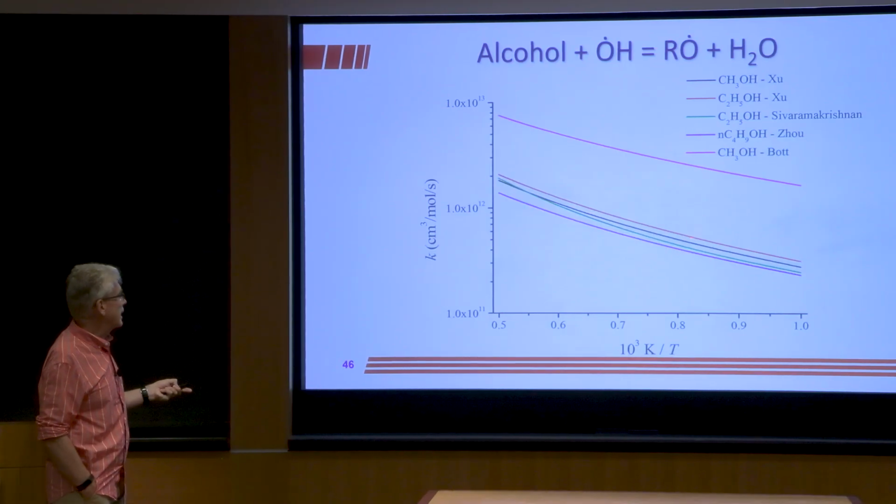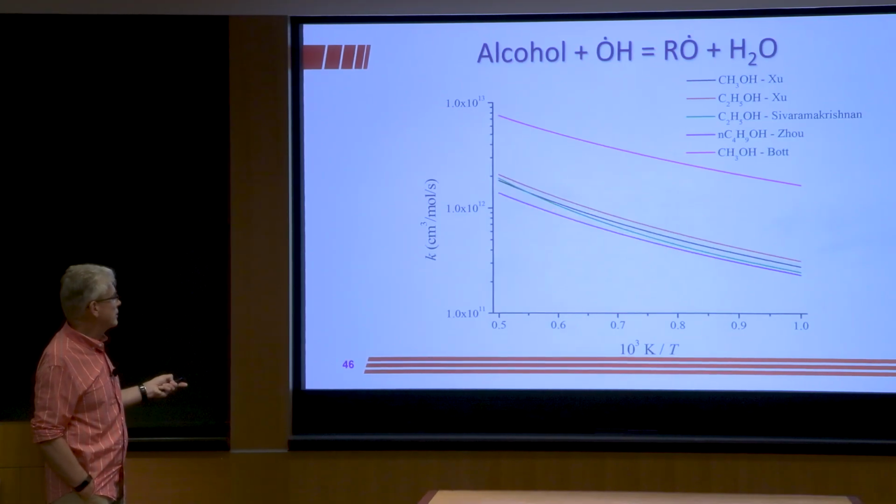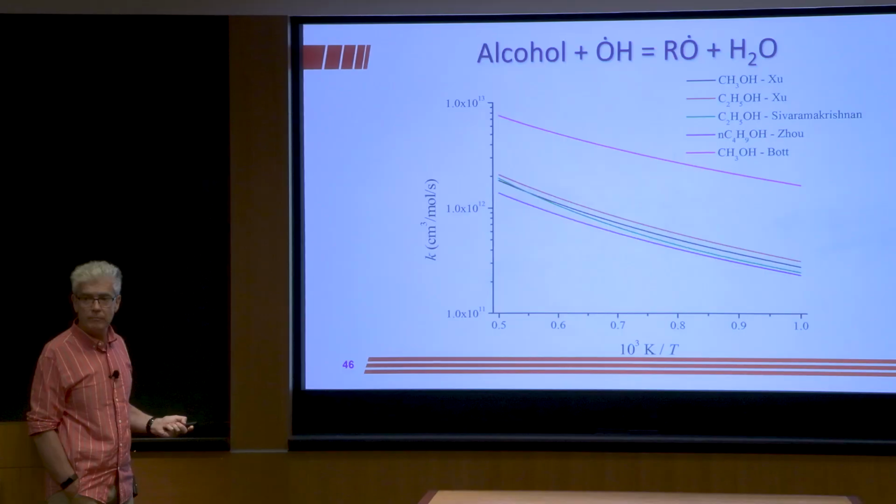And here are some calculations performed, or rate constants from the literature for methanol, ethanol from Sivaramakrishnan, and then Chongwen Zhao calculated it for n-butanol. And you can see that all of these rate constants are down here. Now, that looks like a big spread, but actually there isn't a wide range here. So these are within a factor of 2 of one another, right?